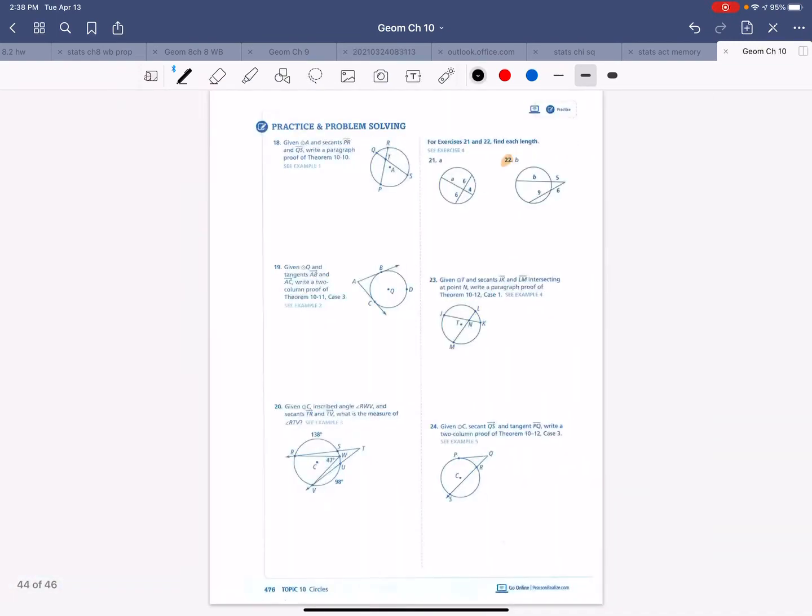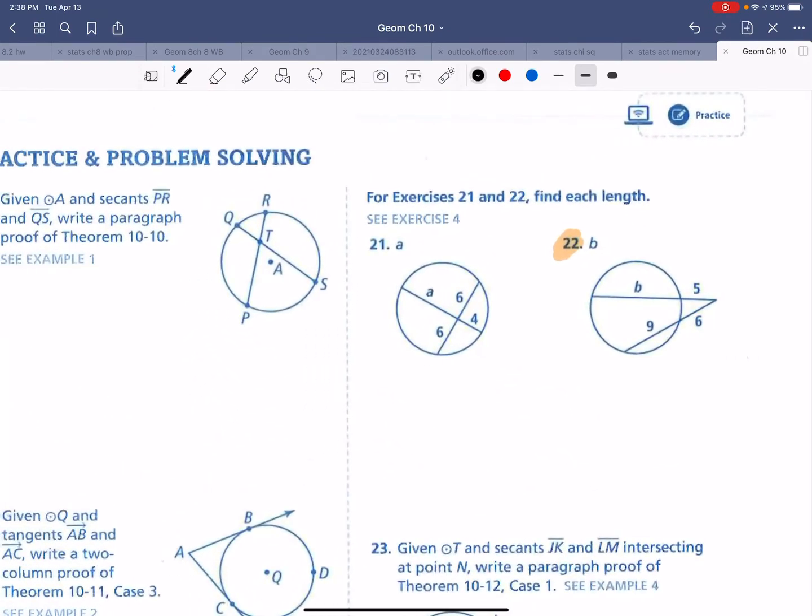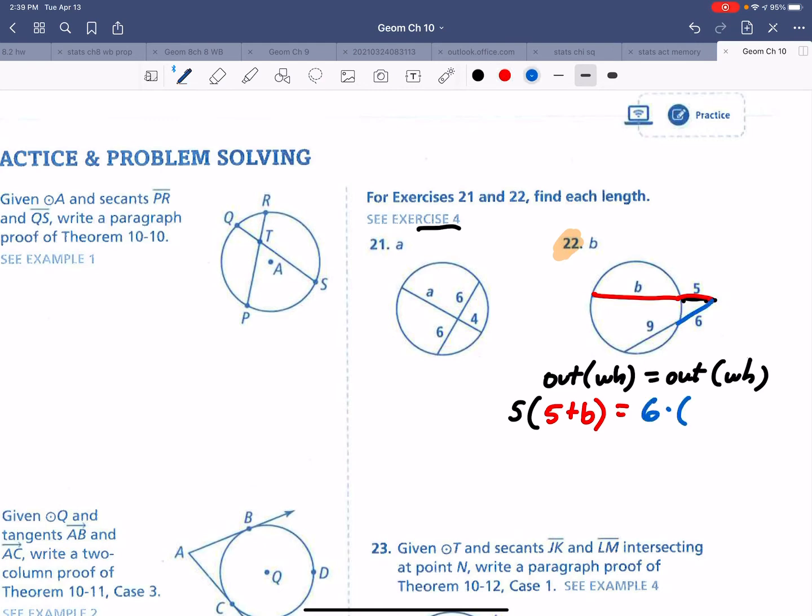Okay, question number 22. Using exercise 4 in our notes, our formula is the outside times the whole thing is equal to the outside times the whole thing. So the outside part 5 times the whole thing, so that'd be 5 plus another b, is equal to the part on the outside 6 times the whole thing, 6 plus 9.